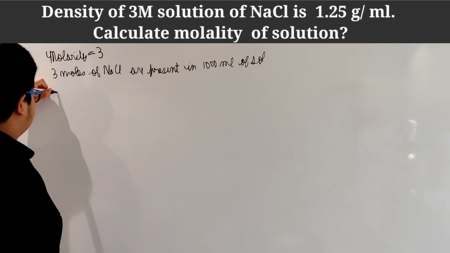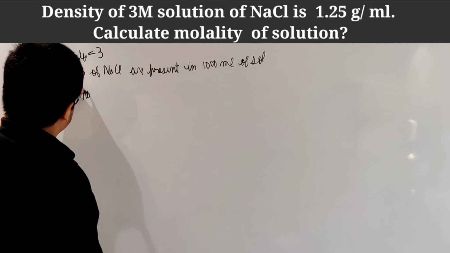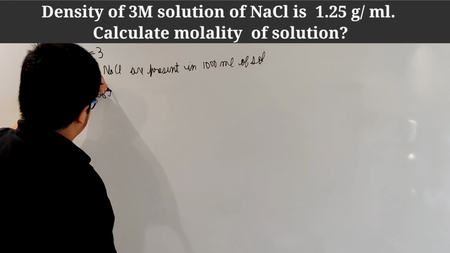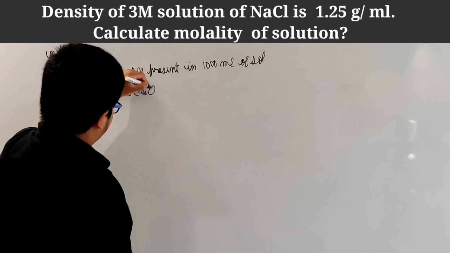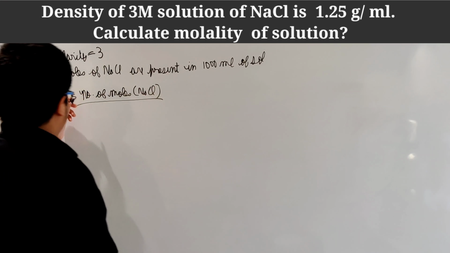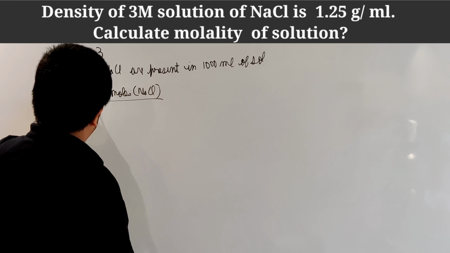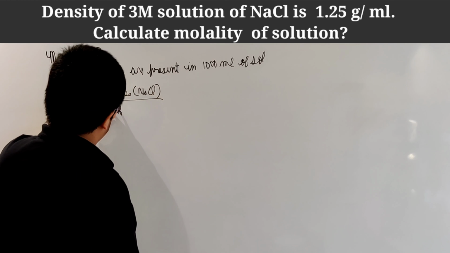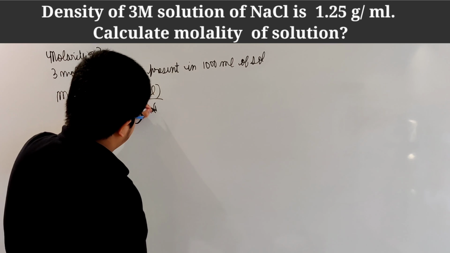So the formula of molality, small m, is number of moles of solute, that is NaCl, upon the mass of solvent in kg.